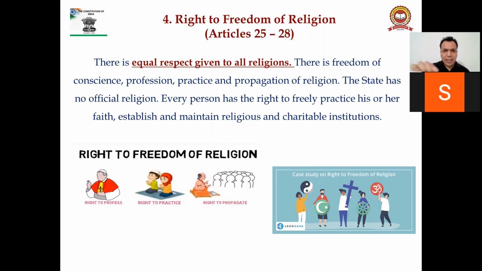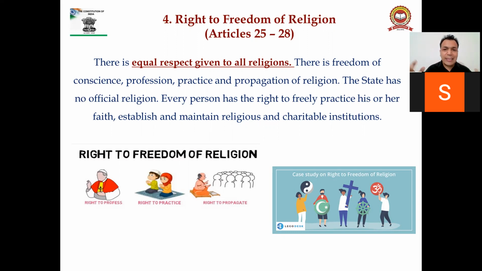This right gives equal respect to all religions. There is freedom of conscience, profession, practice, and propagation of religion. The state has no official religion. Every person has the right to freely practice his or her faith.